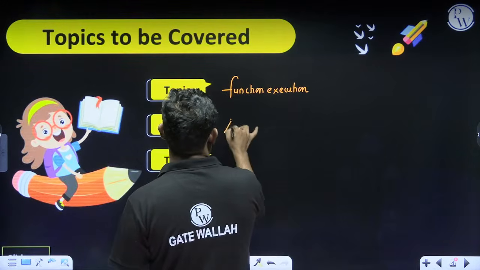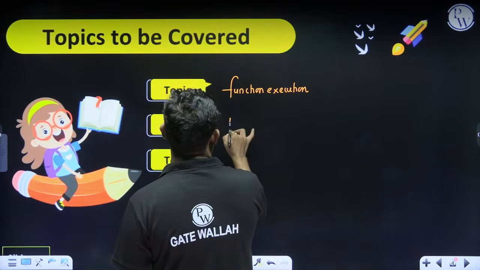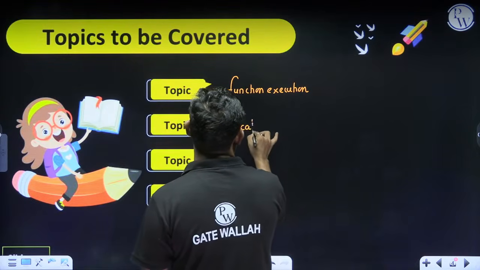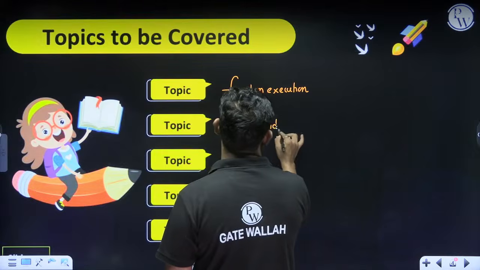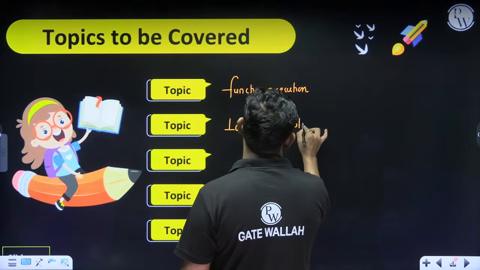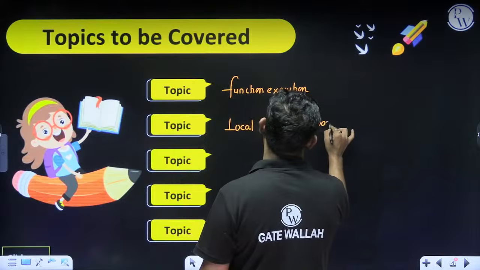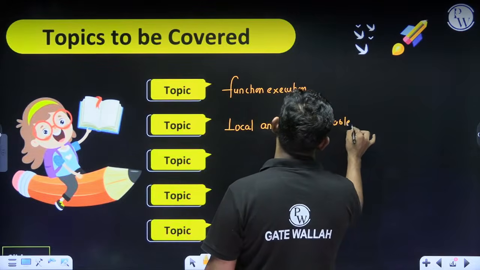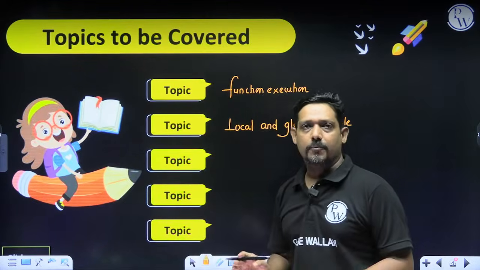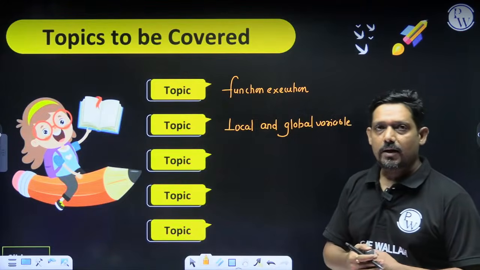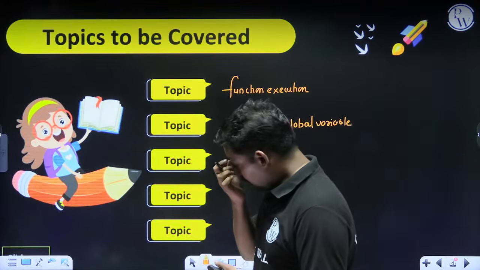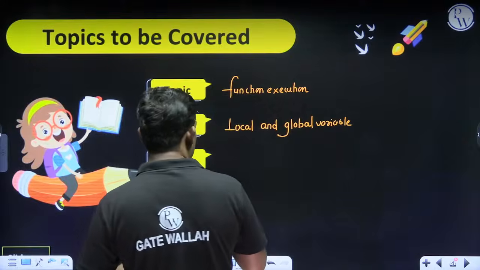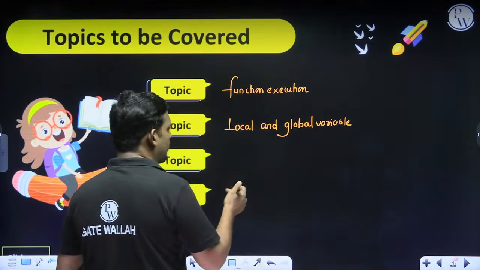We'll also talk about local and global variables, which become very important. Another part is also there where you can get questions, which is nothing but how the variables are stored in different places.